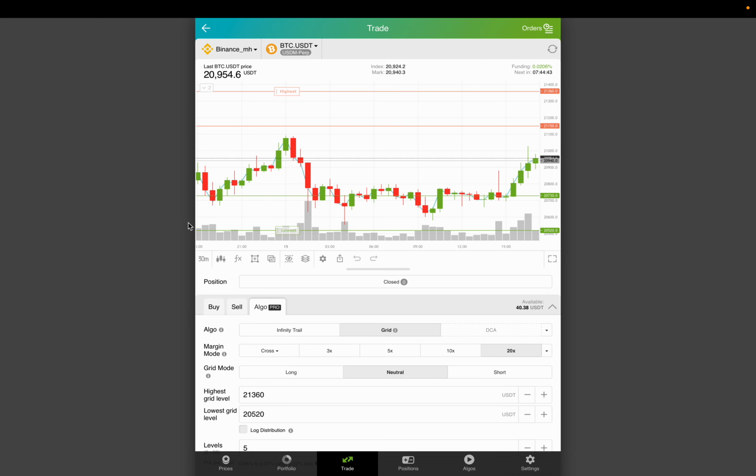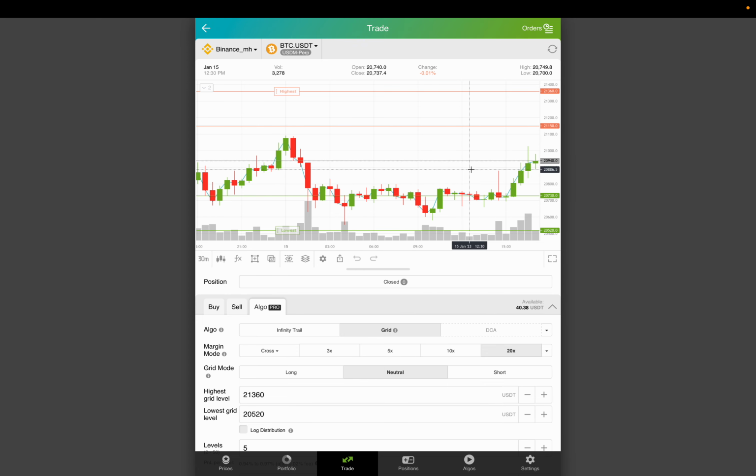So as long as the price of this instrument stays within our grid range, you will profit from volatility of the price within this grid range. As the price moves inside the range, if the sell orders execute, the grid will place buy orders one level below. If the buy orders execute, it will place a sell order one level above. So basically, profit from those moves inside the grid range.